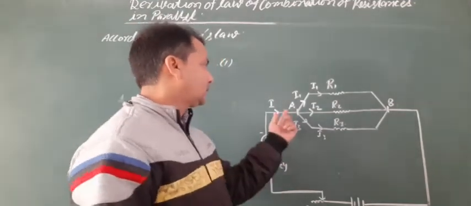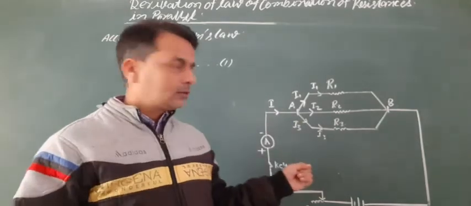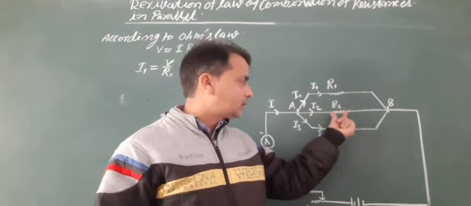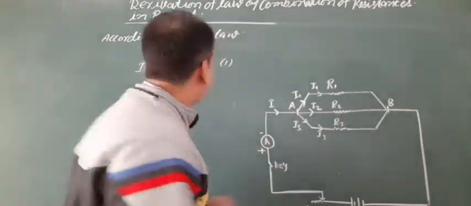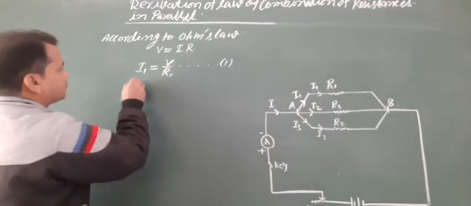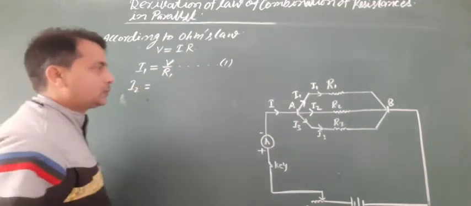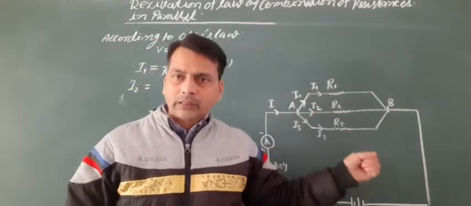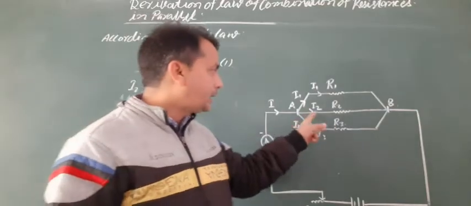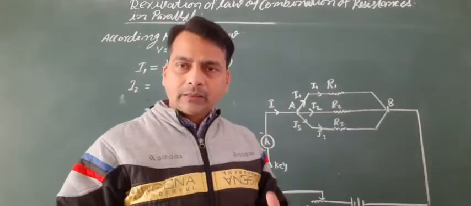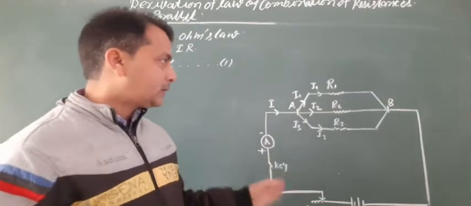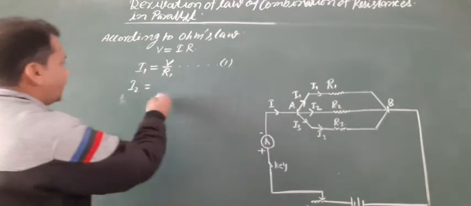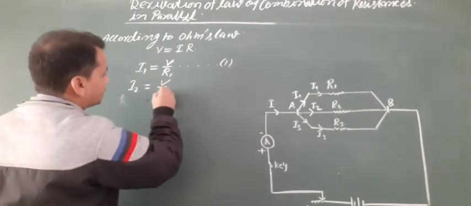Now the second resistor, that is R2. Current I2 flows through R2, so current I2 equal to potential difference divided by the resistance, that is I2 equal to V by R2.